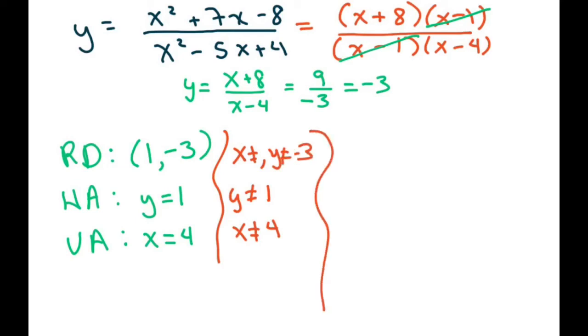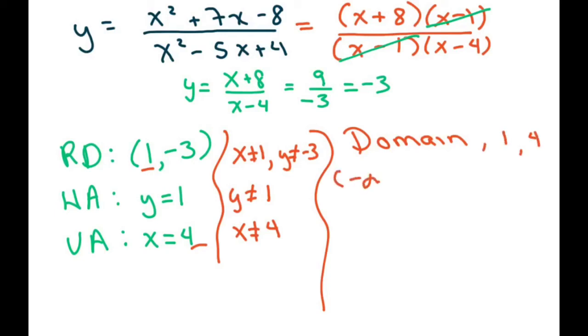So for your domain, we're looking at the x's, so we're looking at 1 and 4. And just put them in order. So you're going to write negative infinity to 1, or 1 comma 4, or 4 comma infinity.